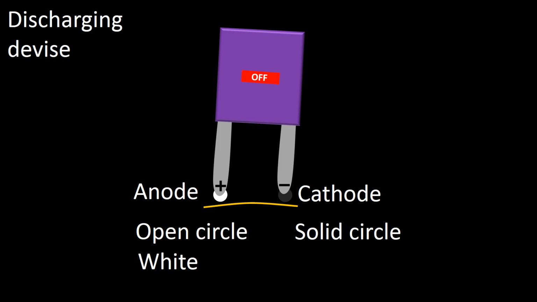The anode can also be represented by a white and a red circle. The cathode can be represented by a black circle. In all this frame, since the background is black, I will use gray to represent the cathode and white or red to represent the anode.